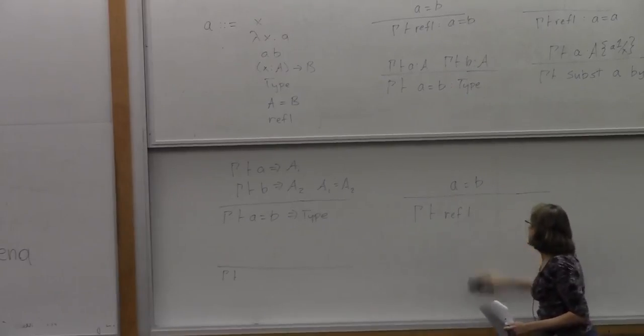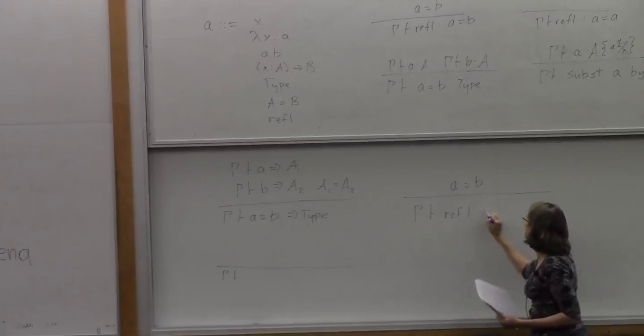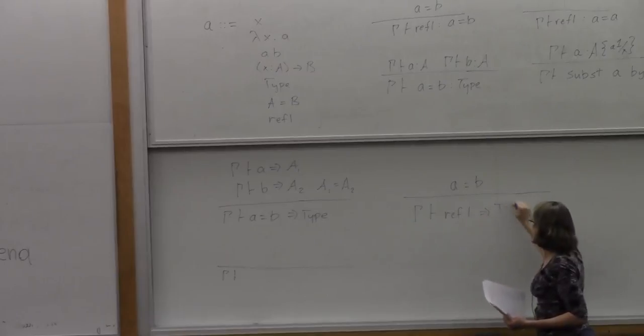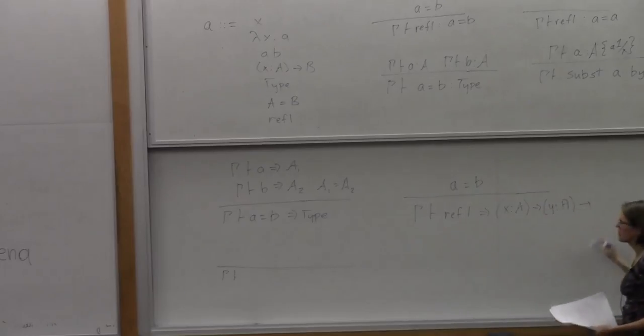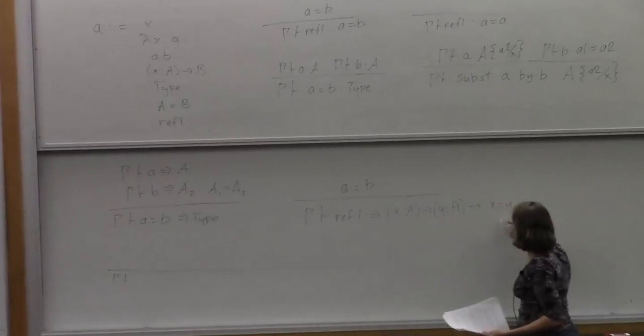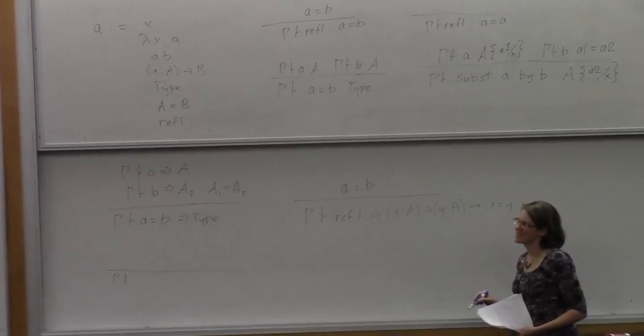We can say REFL has type what? X, A, Y, A, arrow. We wouldn't want to just say that, because that would allow us to do everything.